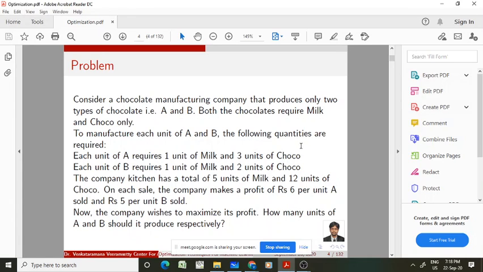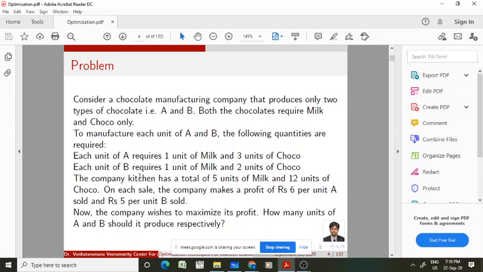That means if you want to prepare 1 unit of type A chocolate, it requires 1 unit of milk and 3 units of choco.